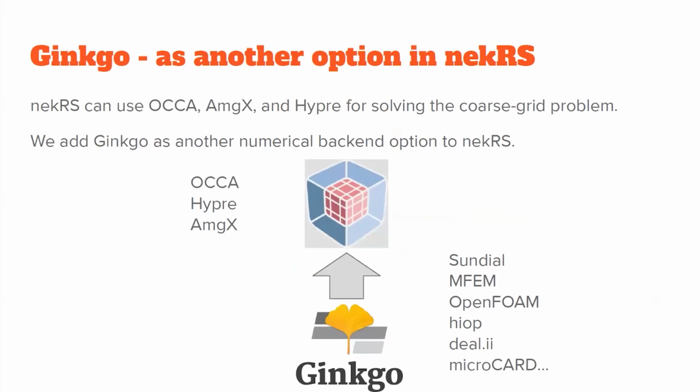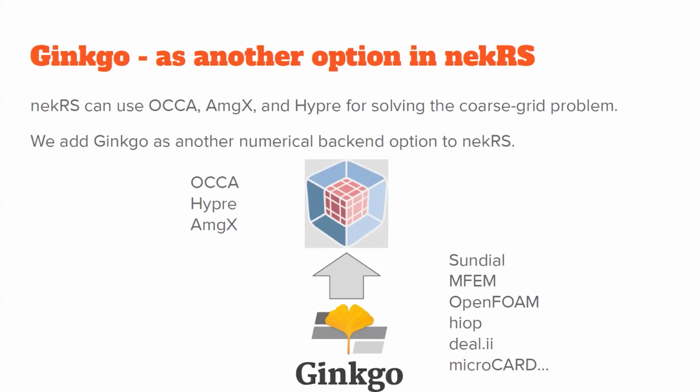For now, we try to connect them together. In NekRS, currently you can use OCCA or AMGX or Hypre to solve the coarse grid problem. And from the Ginkgo side, we also support other applications such as SUNDIALS, MFEM, or OpenFOAM, as another GPU backend in these different applications. And in this talk we make the connection between Ginkgo and NekRS.